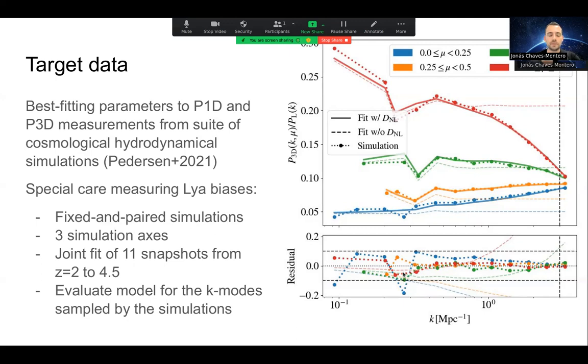The main point of showing this is that all the scales that we are using are affected by non-linearities, but even so, because of the way that we fit the model and the way that we take care of cosmic variance, we can measure these large-scale Lyman-alpha biases with very good precision, and we will see that later.